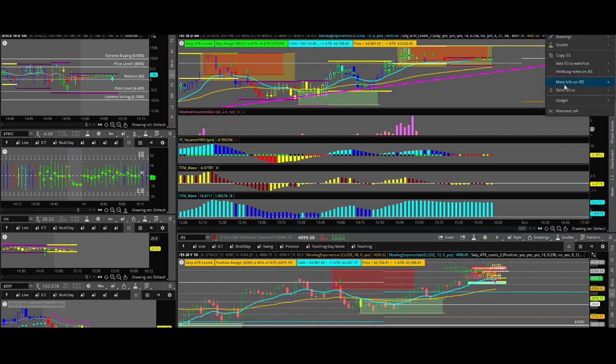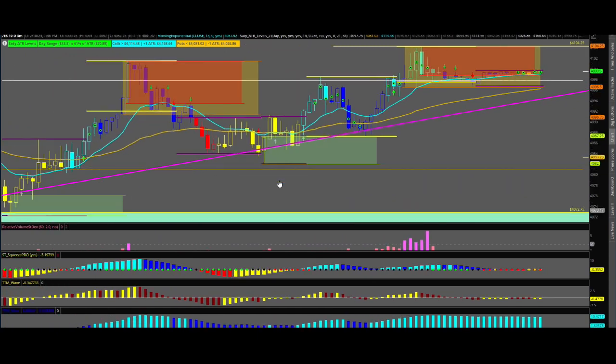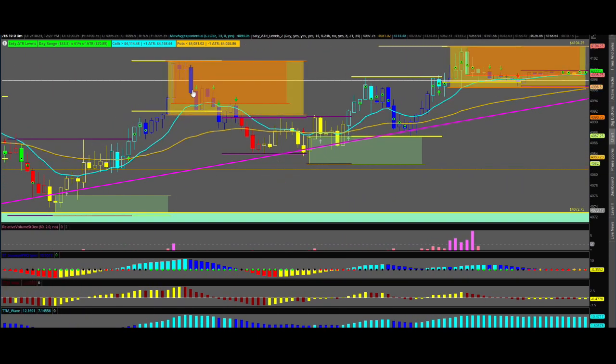So if I was going to take something on ES, one thing I would definitely look at is if the 3-minute fired, I would take the signal on the 3-minute right here, stay in because I'm not hitting my stop loss, and then I'm confirmed right here, right? I'm rejecting off the 13.